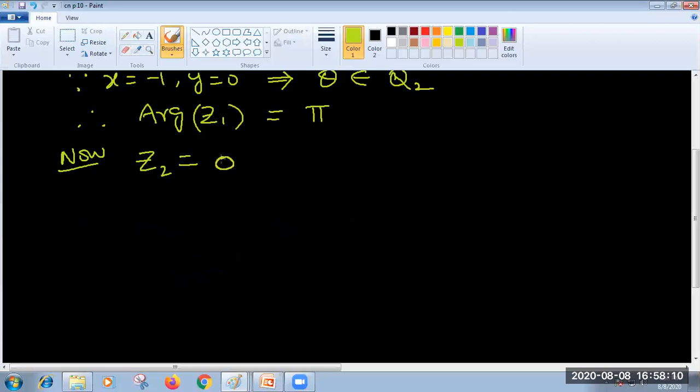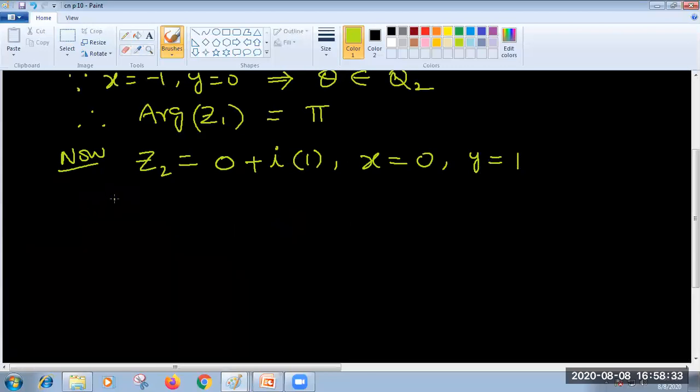You can take the real part as 0 and imaginary part as 1. So here also, by comparing this with the standard form, the x value is 0 and y is 1.